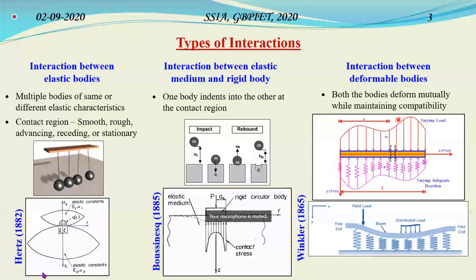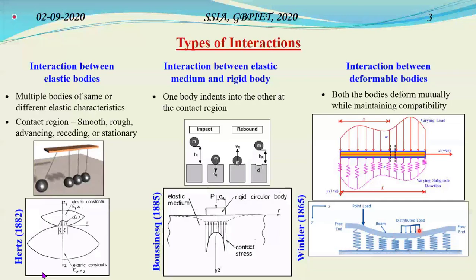It may be a point load, it may be a distributed load, or any combination, and we need to find out the deformation of this particular beam section. So these beams on elastic foundations are an example of interaction between deformable bodies.